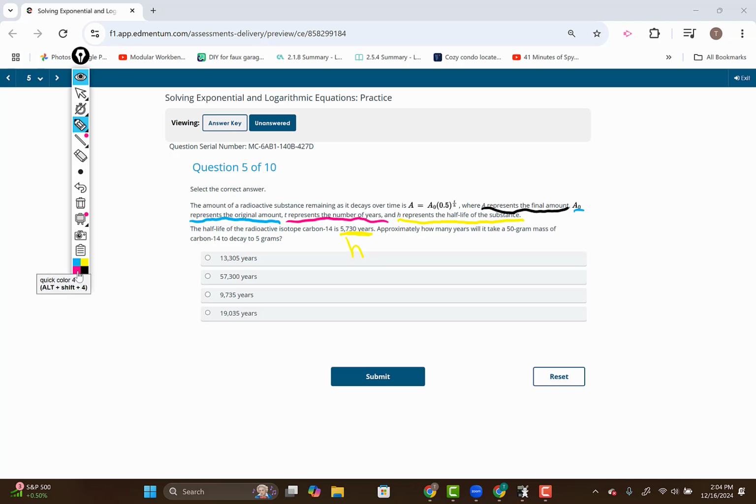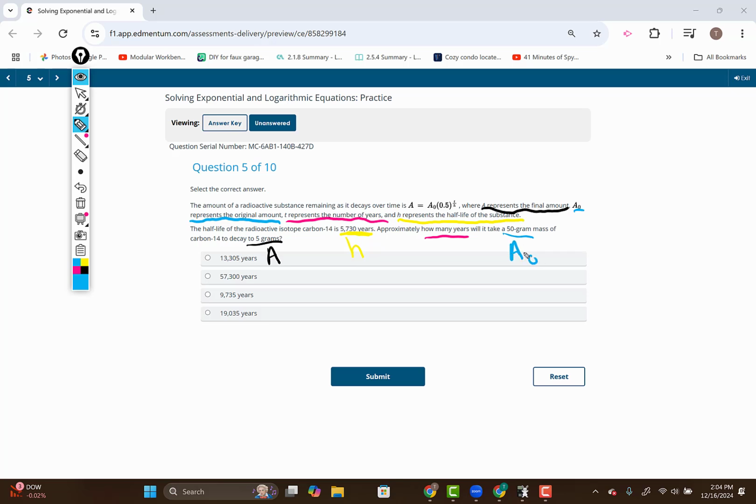Approximately how many years will it take a 50-gram mass of carbon-14 to decay to 5 grams? So the original amount is 50, is what we start with, and it's decaying to the final amount of 5 grams. So that's my A. This is my A sub 0.